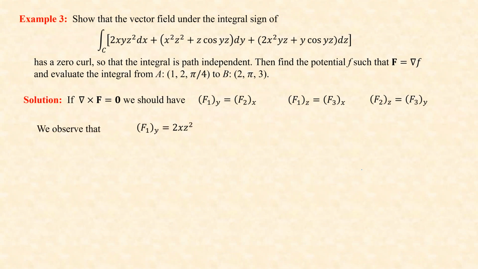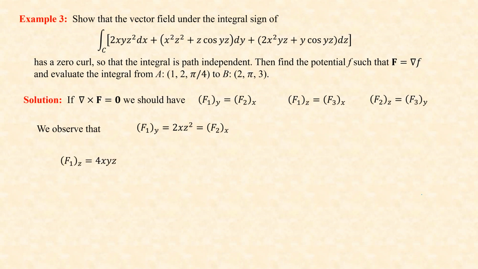We observe that this is f1, this is f2, and this is f3. f1y means the derivative with respect to y, which becomes 2xz squared. And now f1y should be equal to f2x, the derivative of f2 with respect to x. There's no x in the second term, so the derivative of f2 with respect to x becomes 2xz squared. So yes, it is equal.